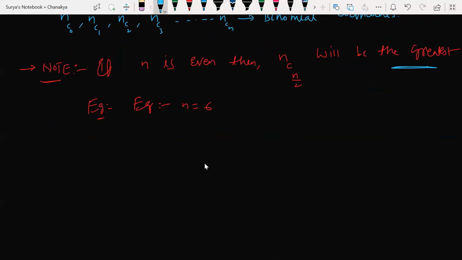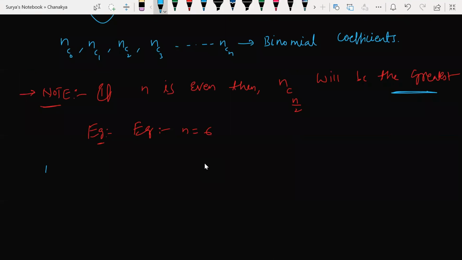So the coefficients are going to be 6C0, and so on. 6C3 will be the greatest coefficient. The values are 1, 6, 15, 20, 15, 6, 1. So these will be the coefficient values.